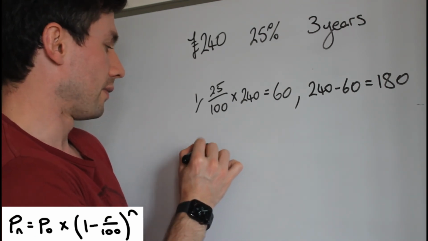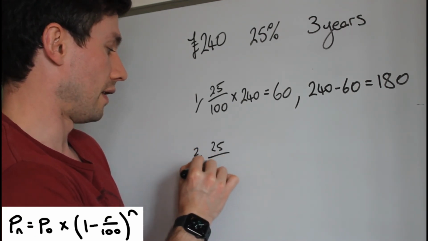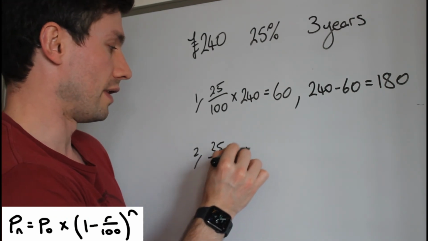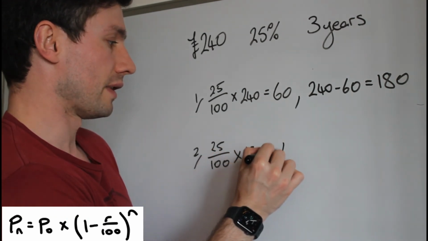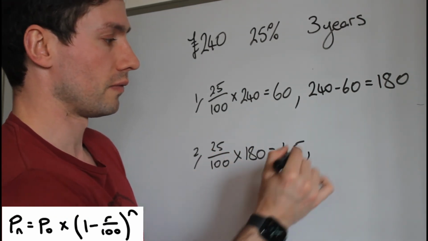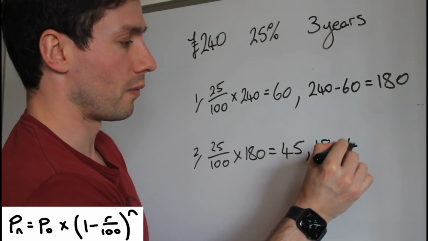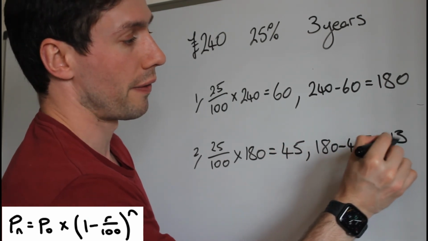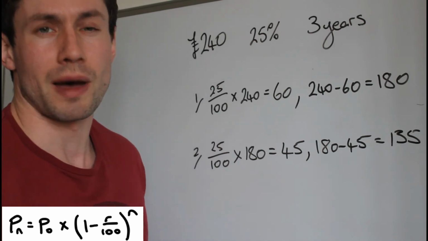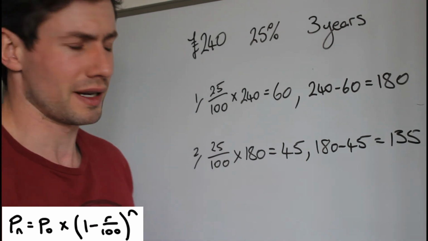In the second year, we would again work out 25% of its new worth, which is 180, and this would give us £45. We would then take this away from 180 to give us £135, how much the object is worth after 2 years.